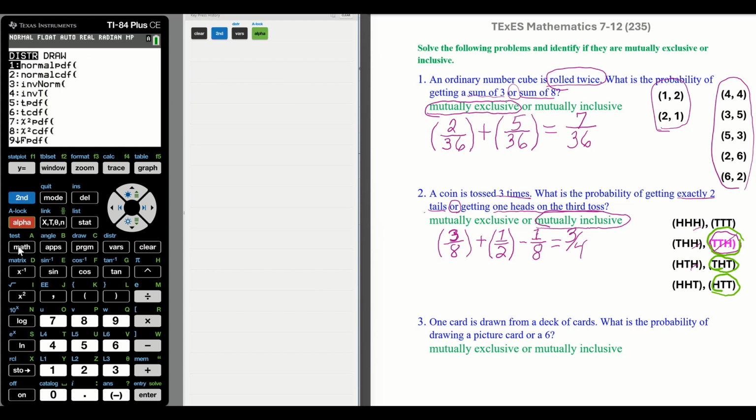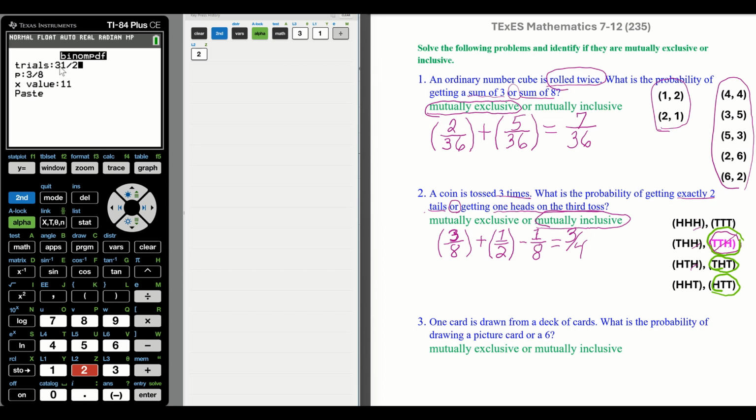Okay. 2nd, vars, alpha, math. How many trials do we have? We have 3 trials, and we know on each trial that a coin is one. Oops, let me back that out. Okay, there we go.